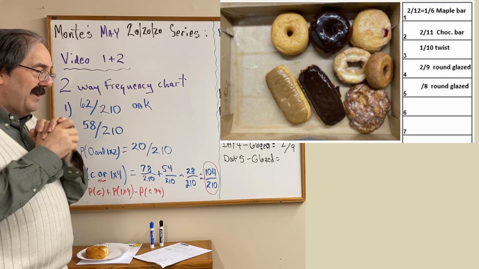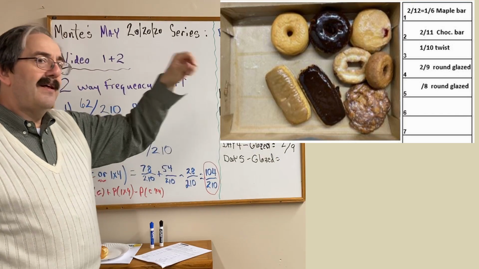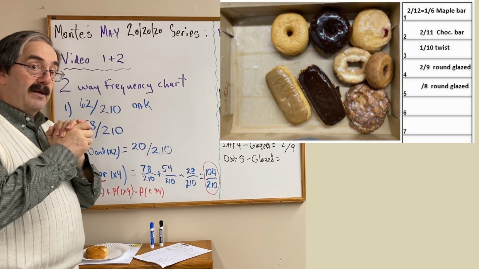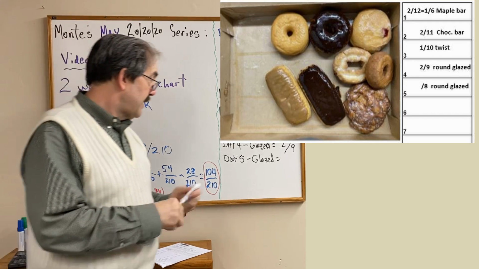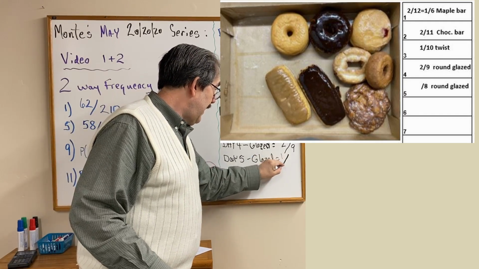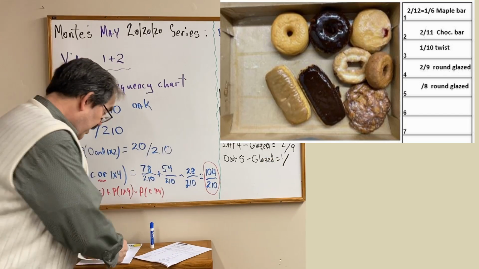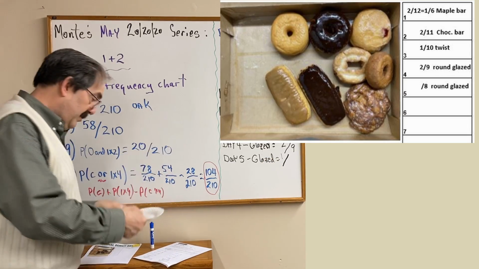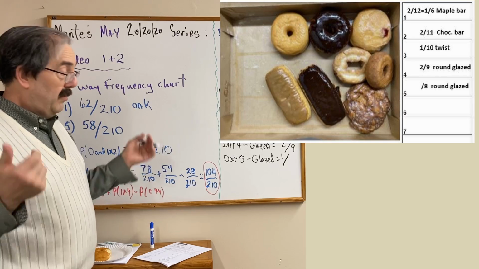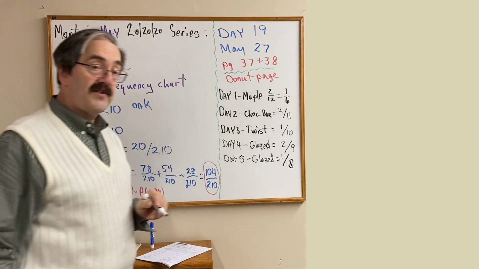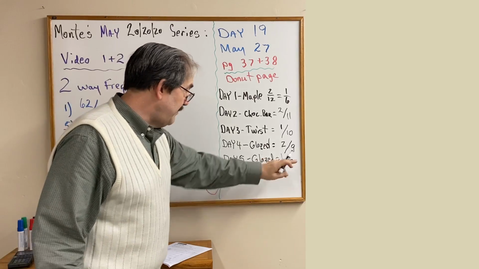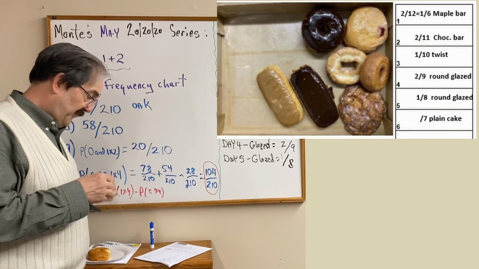What's the probability I reach in and pull another glazed donut? How many glazed are in there? There's only one. And I already used the first glazed donut. So there must only be 8 donuts left.